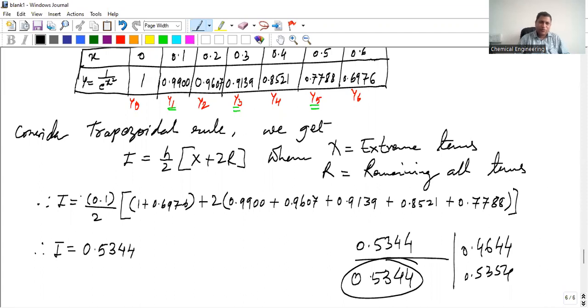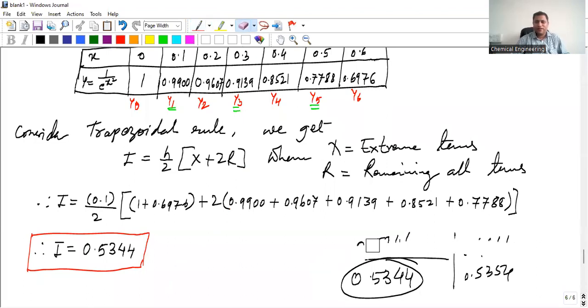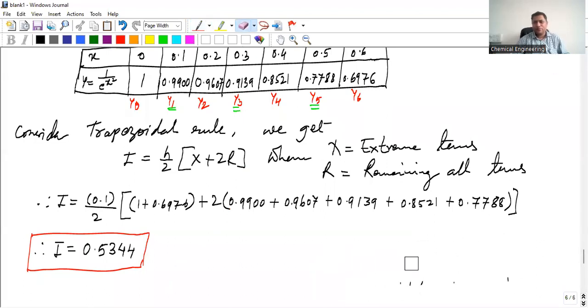So we accept that 0.5344 is the correct one, as most of you are getting the same. Here we have to be very careful about what value we are getting and how we are doing the calculations, because if you miss one value, your answer will be wrong.